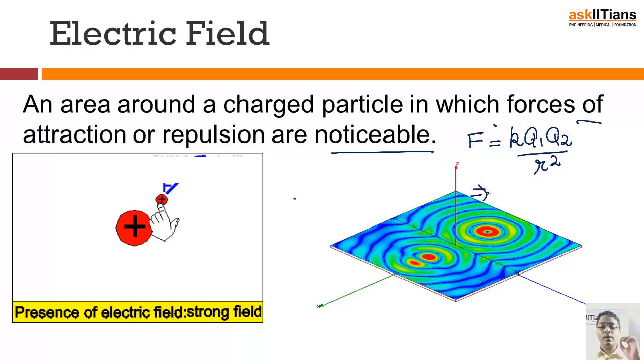If I say one of the charges is a unit charge, I can just put it as F by Q1, which gives me K Q2 upon R square. So this is the influence of the particular charge Q2 anywhere at a distance R, if I just take the magnitude, not the direction. So this is how we define the electric field.